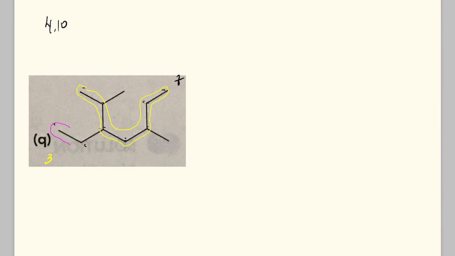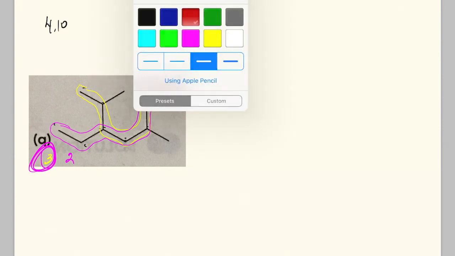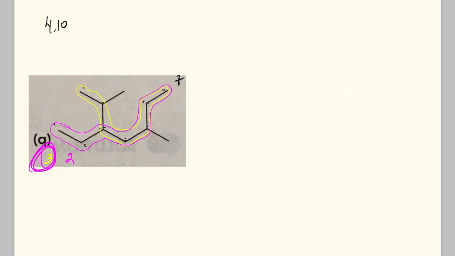And if I do it with magenta, I only have 2 substituents. So this is the way to go in yellow. So I'm going to just highlight that longest chain there. So 7 carbons, and also we have more substituents.